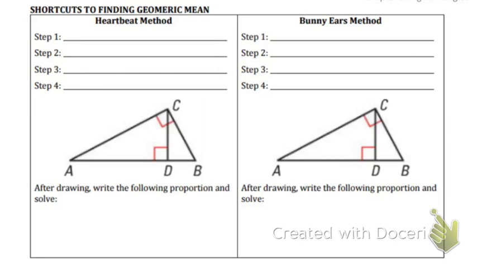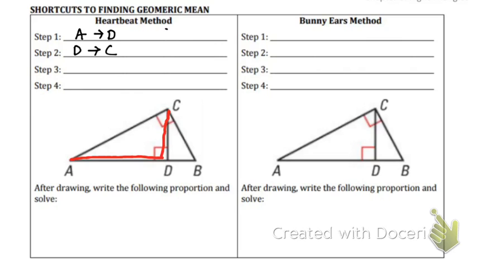All right, heartbeat method. Heartbeat method is a 4-step process. Our first step is we are going to draw a line from A to D. And I'm going to make a thicker line so we can see it. I just drew a red line from A to D. Here's where the heartbeat comes in. We are now going to go from D to C. So we're going to go up that line, and then we're going to fall down again.